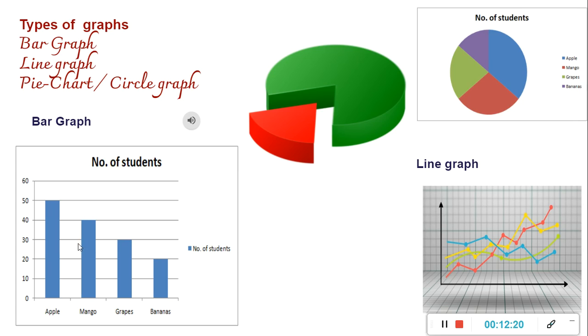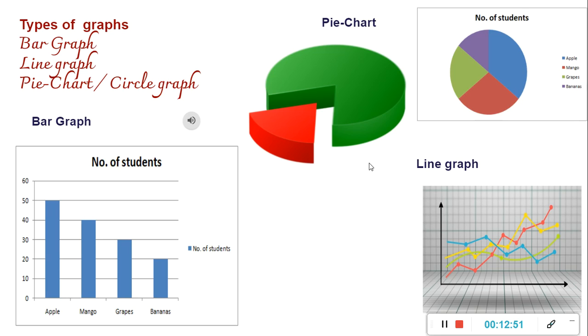Okay. Now when you try to draw the same data using a pie chart or a circle graph, you see here apple is liked by 50, which is more than half of the people. The violet color represents banana, liked by 20 people, grapes is liked by 30 people, and mangoes liked by 40 people.